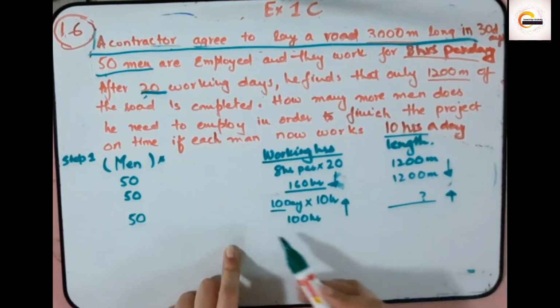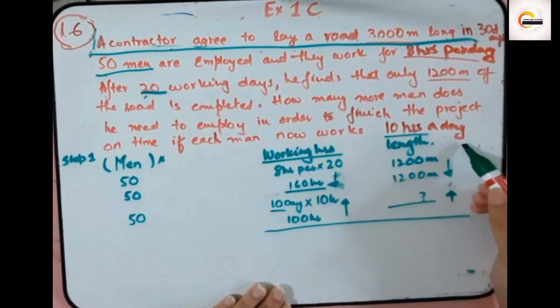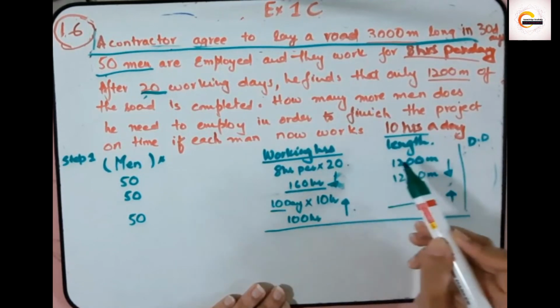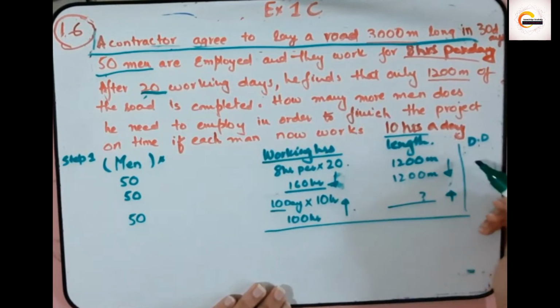So what relationship is this? When one value increases, the other value increases, what is the relationship? Yes, this is the relationship of direct proportionality. When three values are known and one value is unknown, what formula do we need to apply?